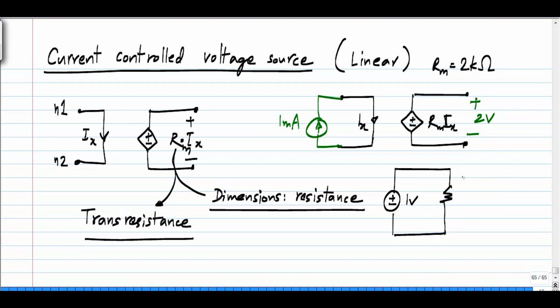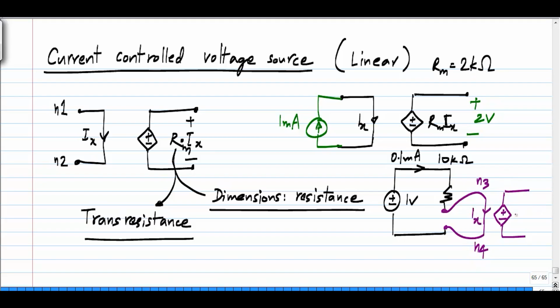let's say we have a circuit like this, a 1 volt source connected to a 10 kilo ohm resistor. We know that 0.1 milliamp will flow through this by Ohm's law. Now, let's say I break this here and connect it to a current controlled voltage source, the same one, let's say with Rm equals 2 kilo ohms.